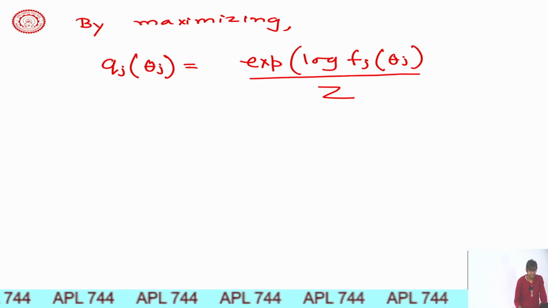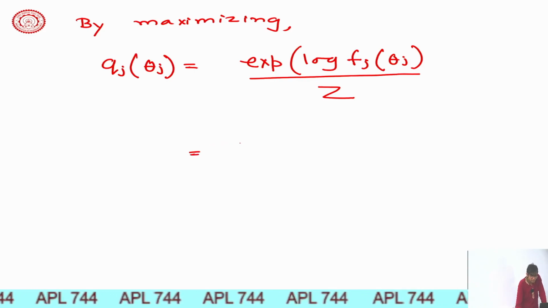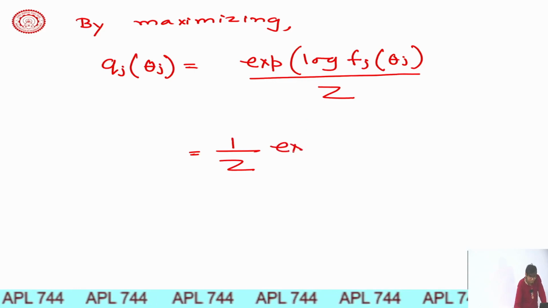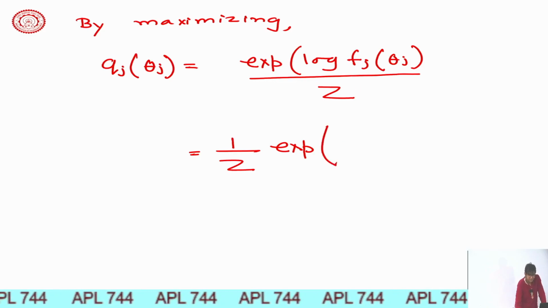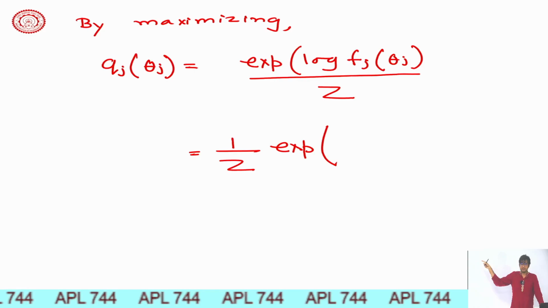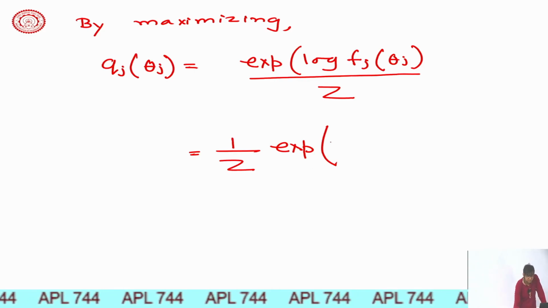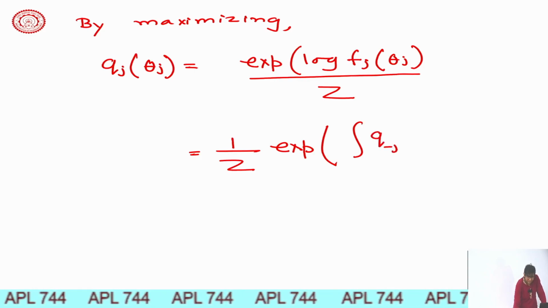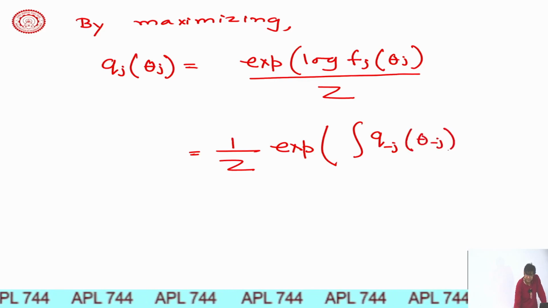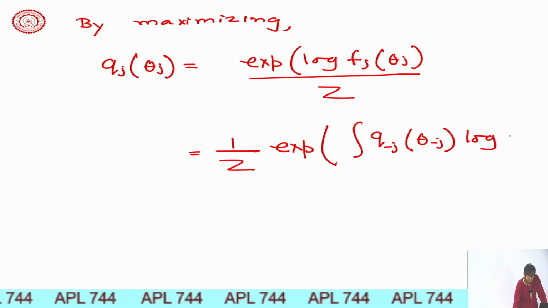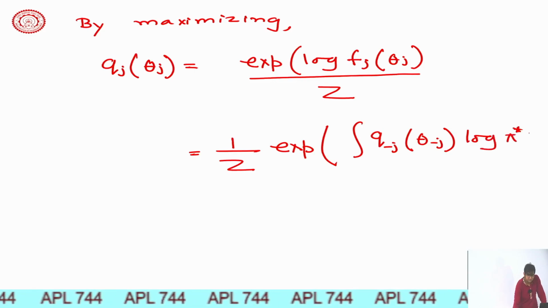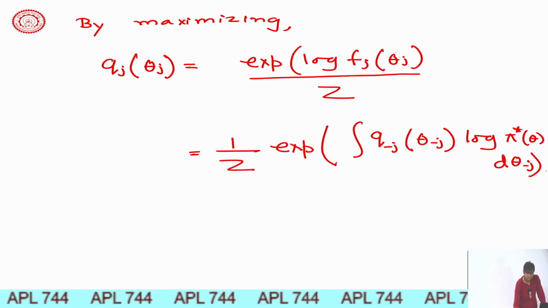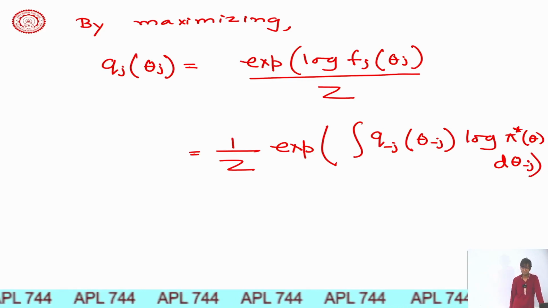Okay, and this will be equal to 1 by z, let us keep it as it is, exponential of, now tell me what is this integration, log of fj, from our definition? Integration over q of minus j theta of minus j log pi star theta d theta minus j. Correct? That's the definition.